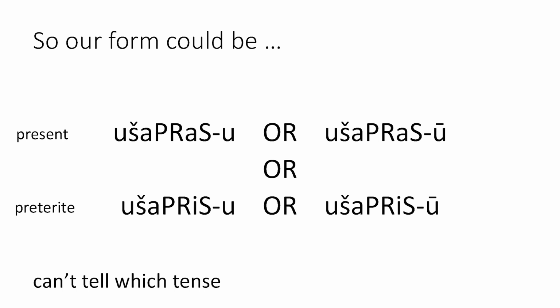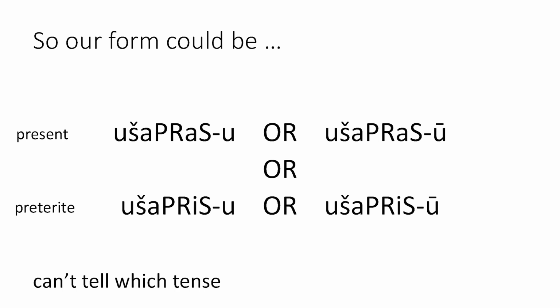Putting together all our reasoning so far, we're looking at a form which in principle follows one of these patterns: preterite ušaprisu, or present ušaprasu. We can't tell which one just by looking at the spelling, because after vowel contraction, all these forms end up looking the same.